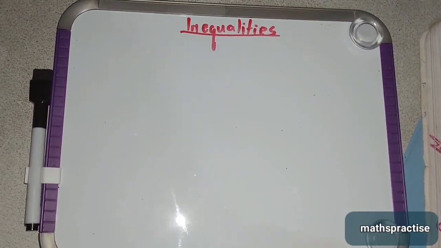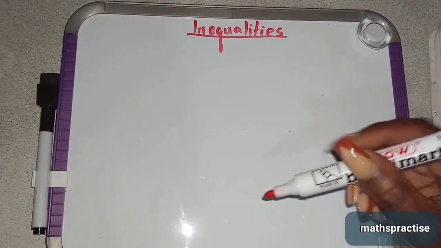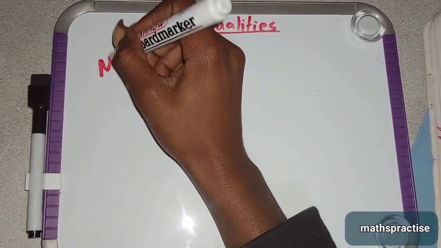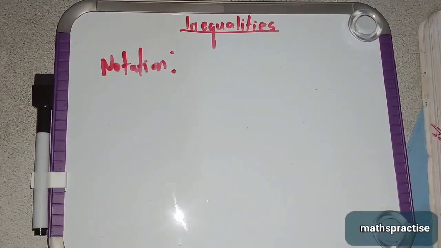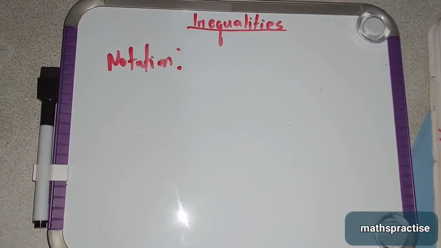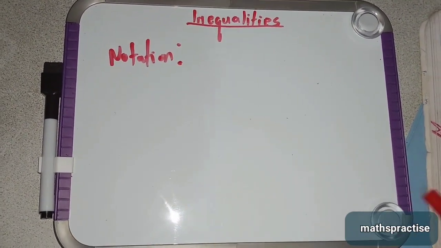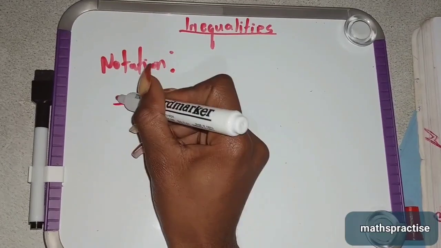The first thing that we have to understand is there are some notations, like common symbols in inequalities. The first symbol that we have, you see it shown like this.